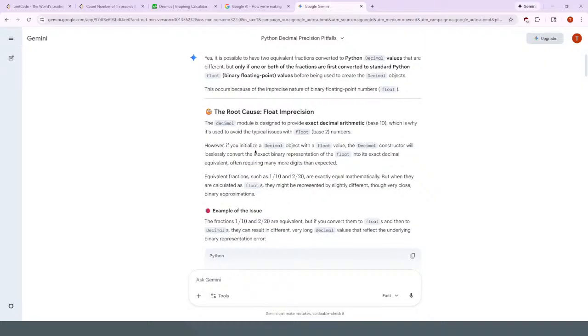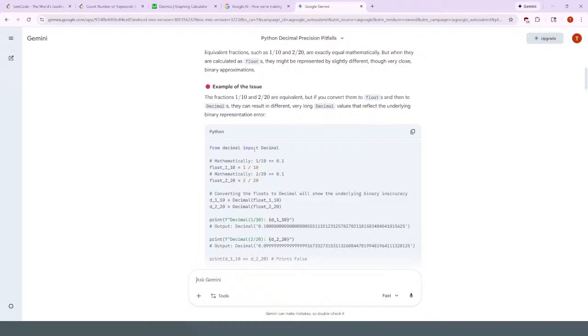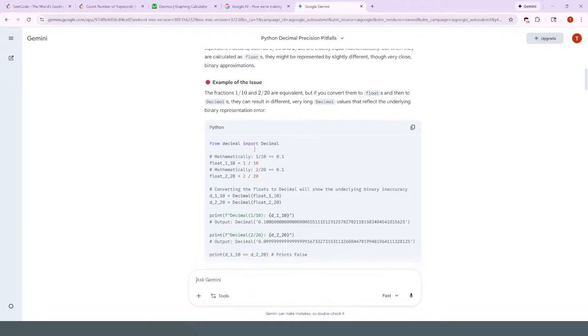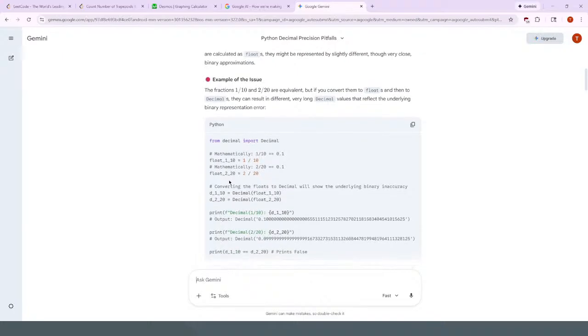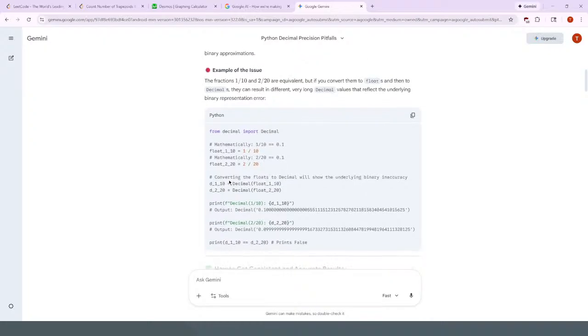Used to avoid typical issues with float-based numbers. So I need to have decimal stored.